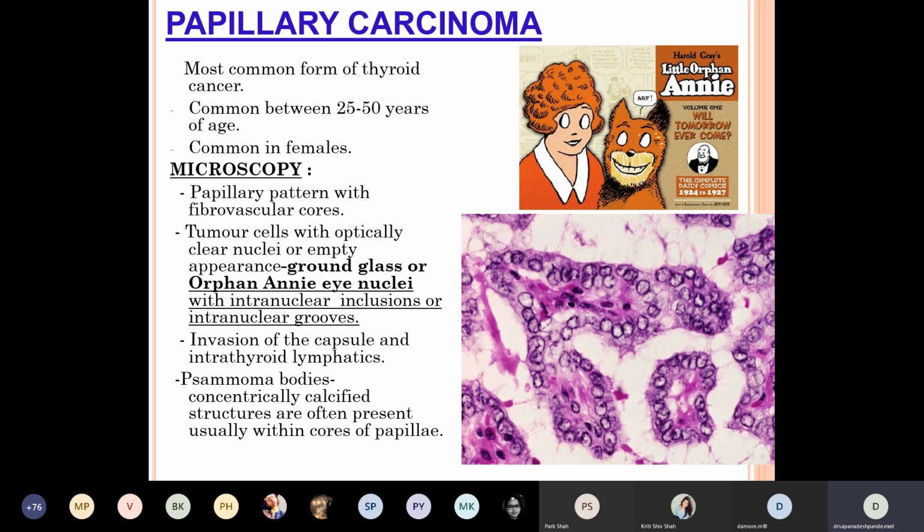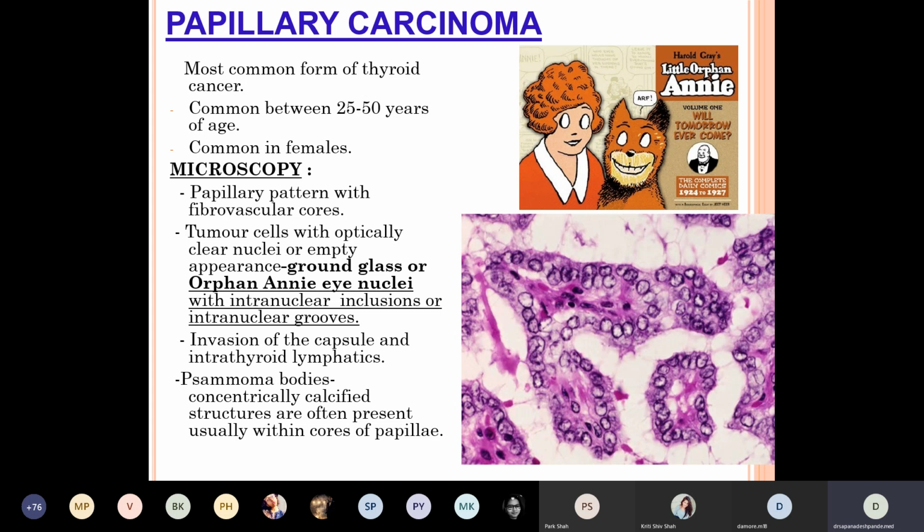Invasion of the capsule and intrathyroid lymphatics occurs. Papillary carcinoma mainly spreads through lymphatics. And one more thing: P for papillary carcinoma, Psammoma bodies. You have seen Psammoma bodies in different systems, but in papillary carcinoma, you will also see Psammoma bodies.